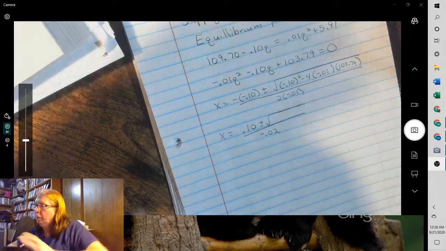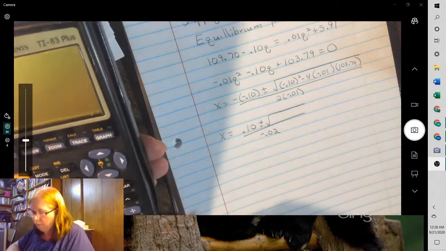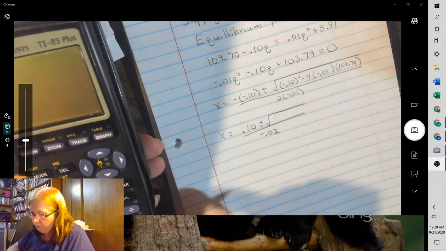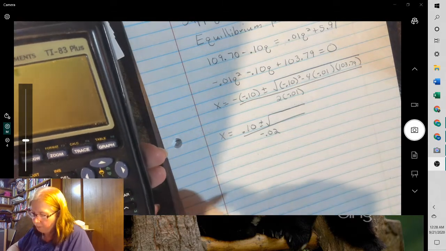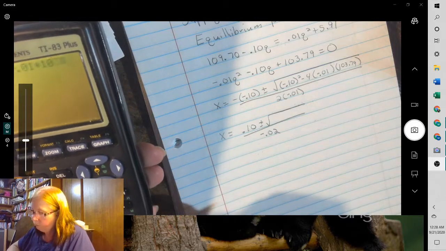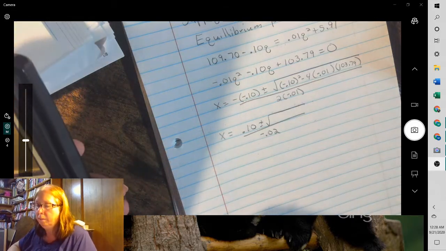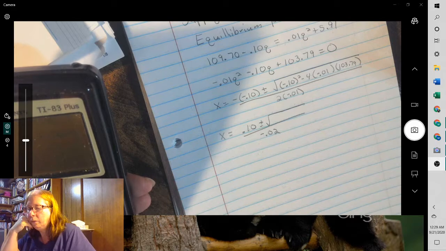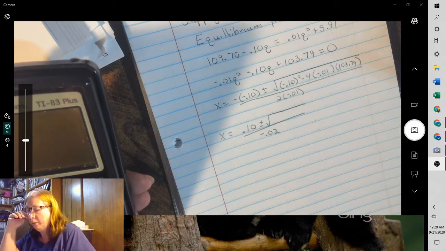Plugging the part under the radical in, 0.1 squared minus 4 times a negative 0.01 times 103.79. Just want to make sure I enter it all in right.